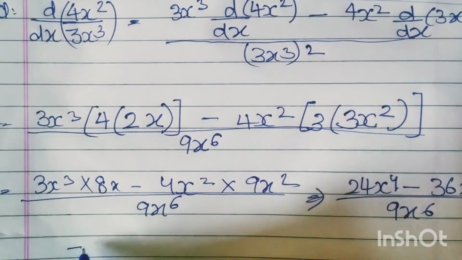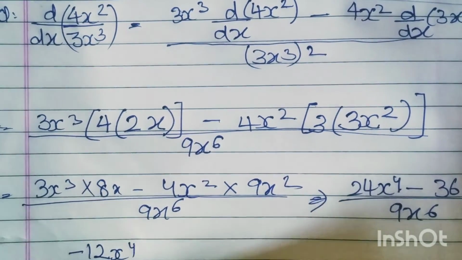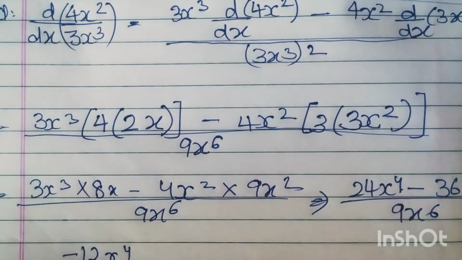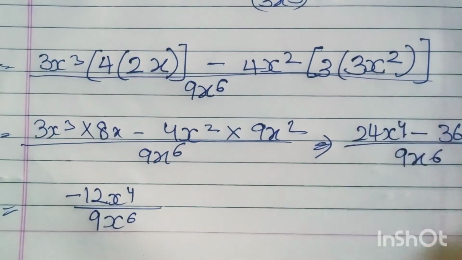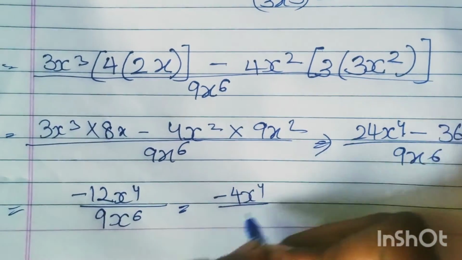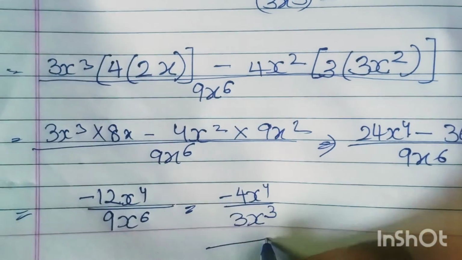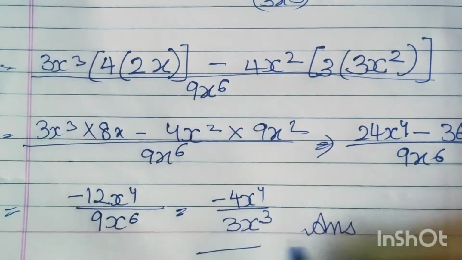We get minus 12x raised to the power of 4 upon 9x raised to the power of 6. 12 and 9 can be cancelled with each other. So this will be minus 4x raised to the power of 4 upon 3x raised to the power of 3. This is finally your answer.